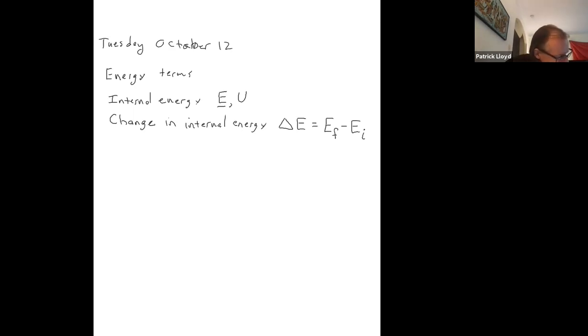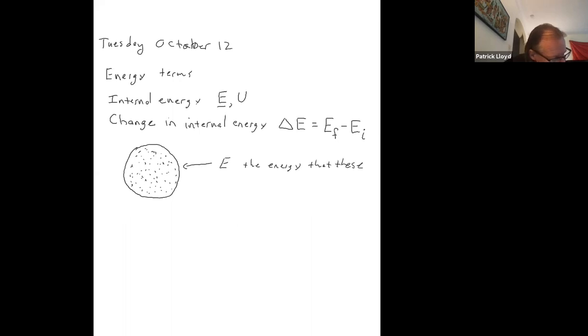You can think of this in the following way. A common introduction to this topic is to imagine a bunch of gas molecules bouncing around in a balloon, and they have energy. They're bouncing around, interacting with each other. So the internal energy is a measure of the energy that these molecules have in the container.